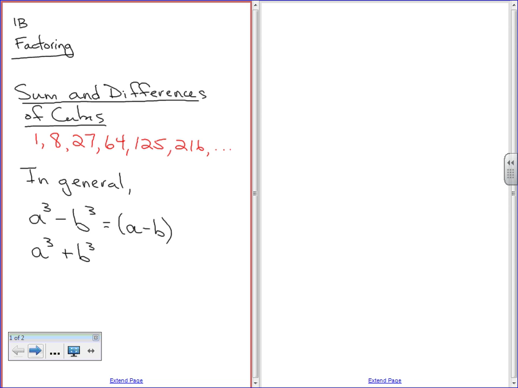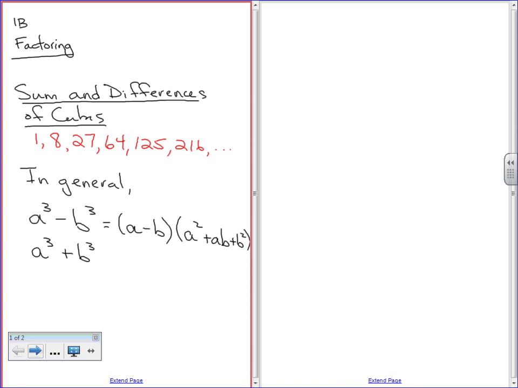Now you can even ignore the question, and you're just going to work with this first bracket to get the next bracket. Square the first term. Multiply the two terms together and change the sign. And square the last term. This is how you factor difference of cubes.